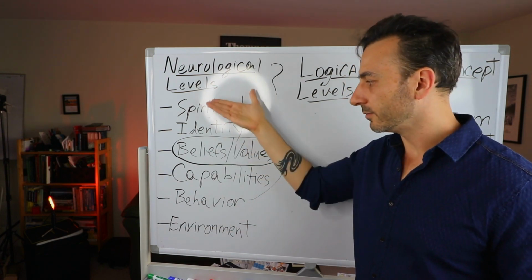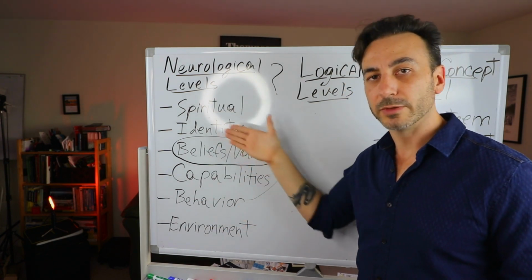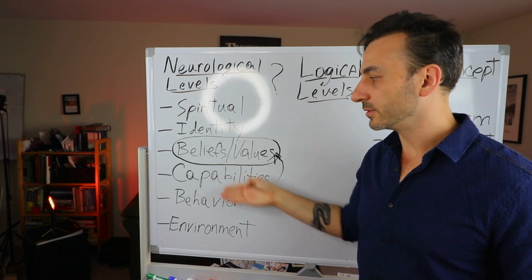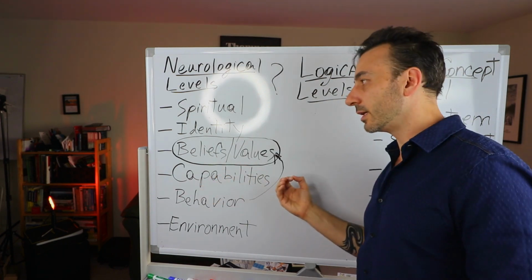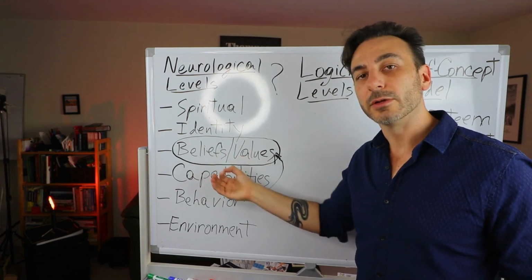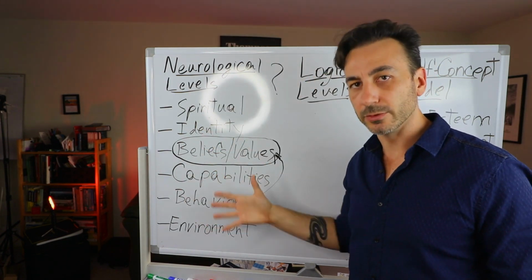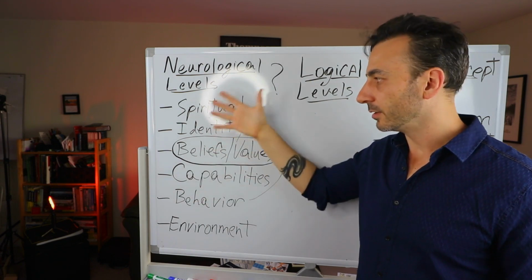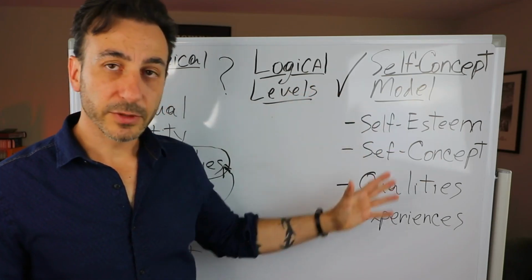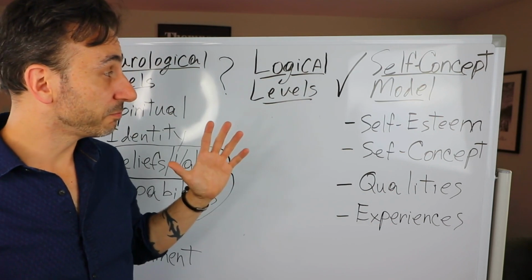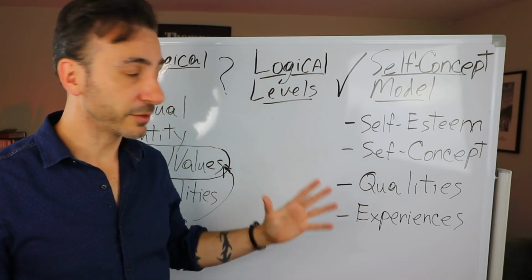This is not very universal, because what we've got here is an NLP-inspired model that has a lot of Robert's content of how he thinks and behaves and processes the world, not how people universally process information in the world around them.